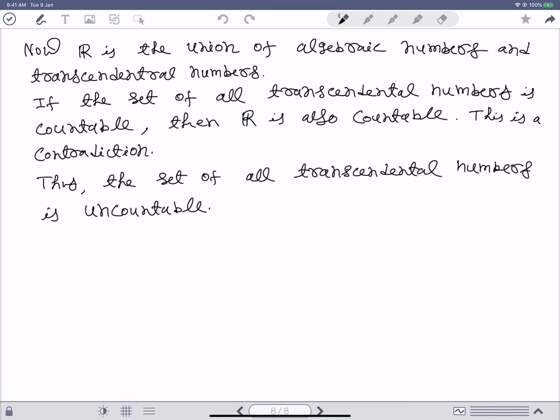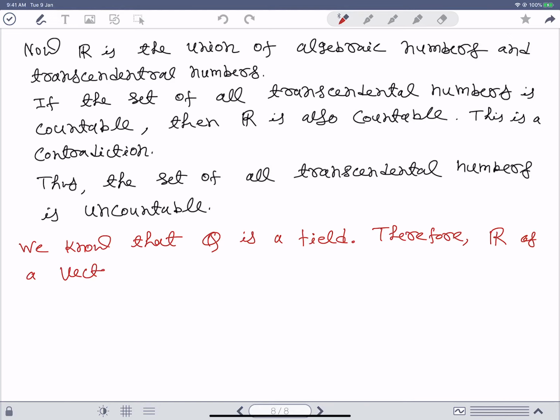Okay, fine. Now, by using this countability and uncountability argument, we can solve a few problems from linear algebra as well. Here I just want to prove two results from linear algebra. First of all, we know that Q, the set of rational numbers, is a field. Therefore, we can think of R, the set of real numbers, as a vector space over the field Q. Now, from this we have two questions.